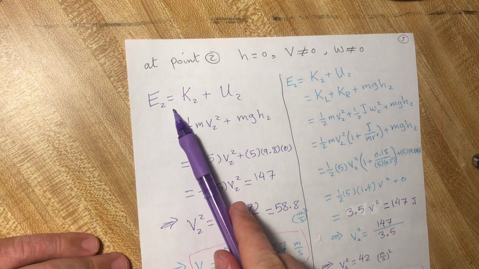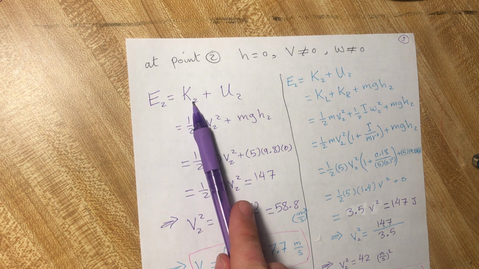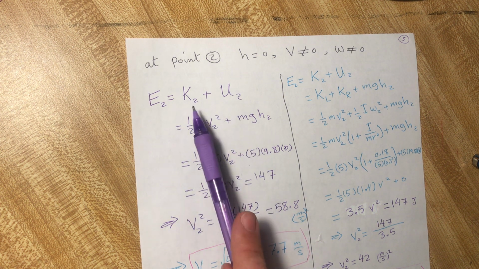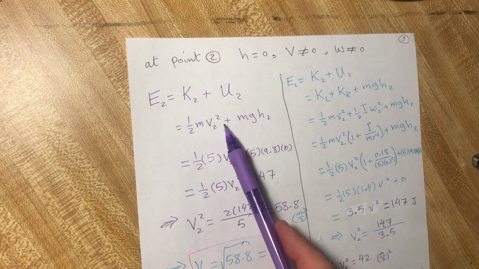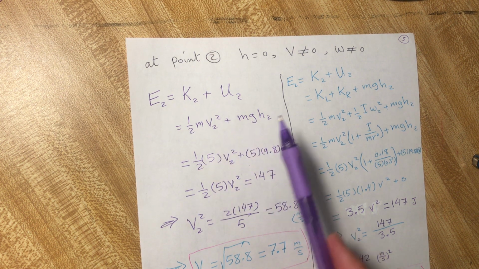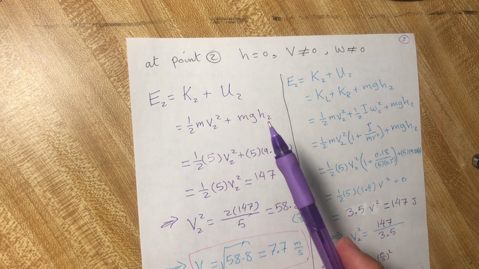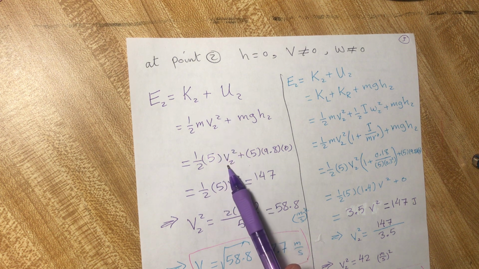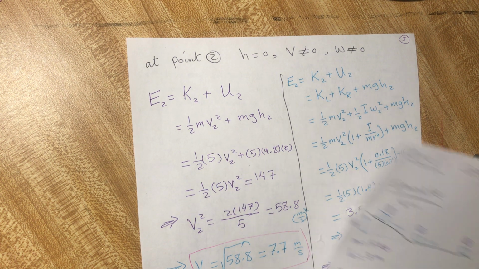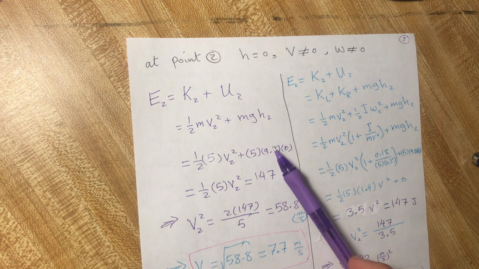Let us look now. For the first block, the mechanical energy is equal to kinetic energy plus potential energy. Kinetic energy is just linear here, which is half mv squared plus mgh2. h2 is 0. Half, m is 5, v2 squared, we don't know the velocity at this point. We need to find it. And the potential energy is 0.